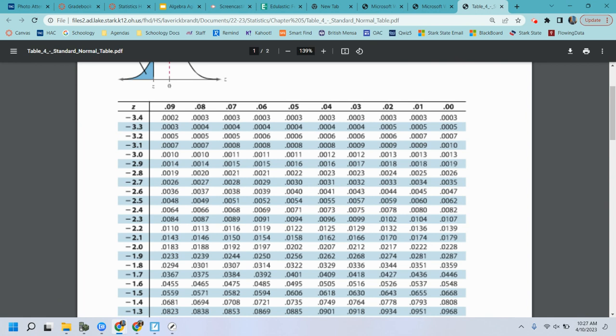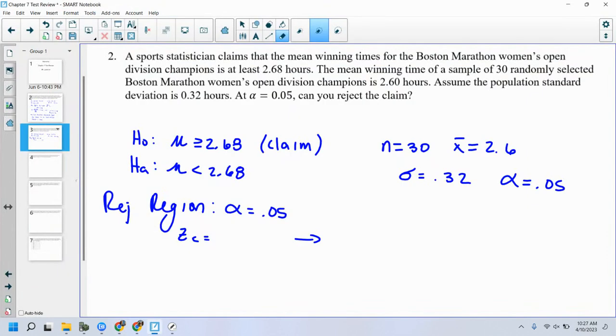Even if, again, you had gone to negative 1.64 or negative 1.65, it's probably going to be the same decision in the end. Negative 1.645. That's right. Again, left-tailed, correct? So I can use that z-score. So my rejection region, if z comes out less than negative 1.645.